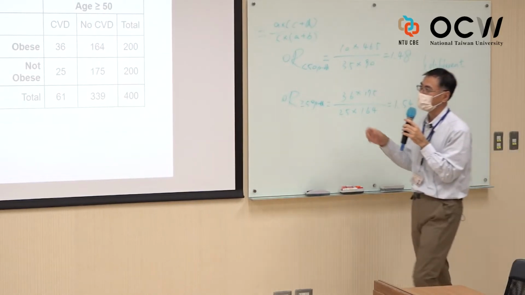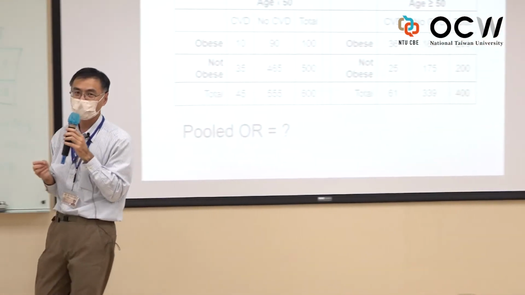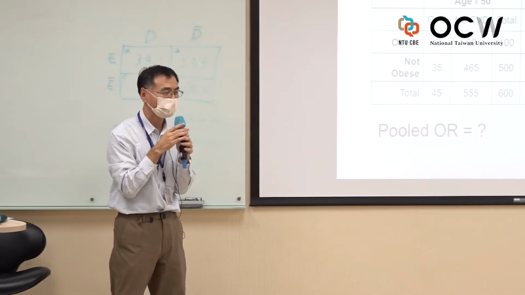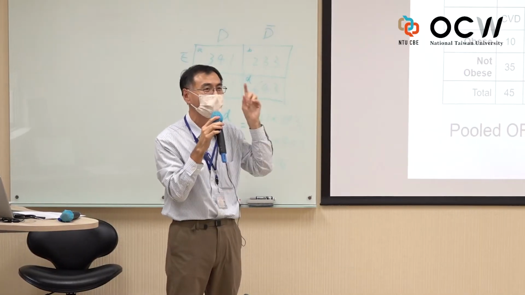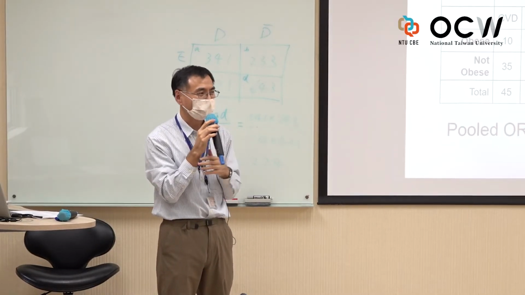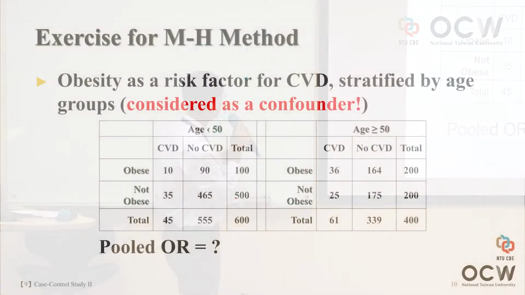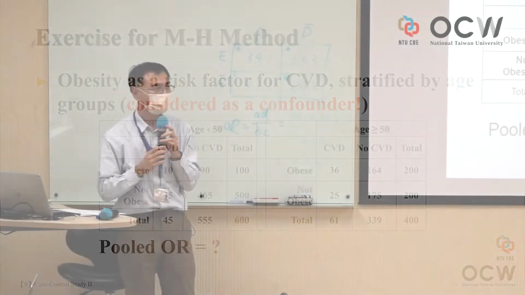We are doing the adjustment for age structure. So that's why we need to use the Mantel-Haenszel method to summarize the odds ratio estimates into one number, a single relative risk indicator. So please use the formula on this page to do the estimation.